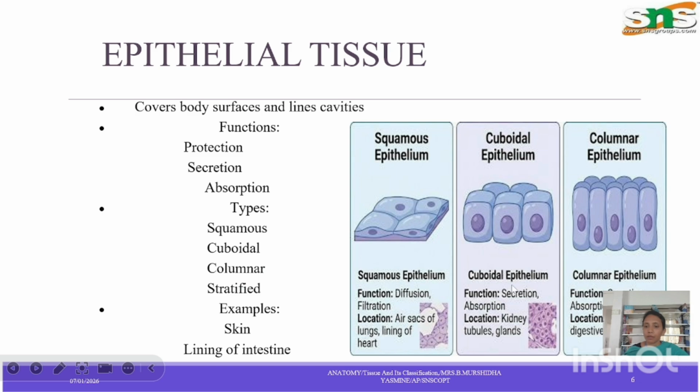The function of cuboidal epithelium is secretion and absorption, and it is located in the kidney tubules and some glands. Columnar epithelium is present in the lining of the digestive tract, and its function is to secrete and to absorb. These are the types of epithelial tissues.